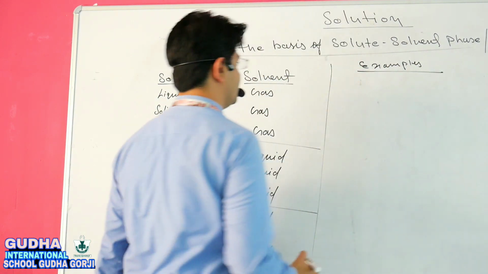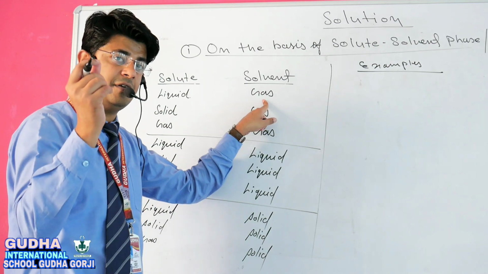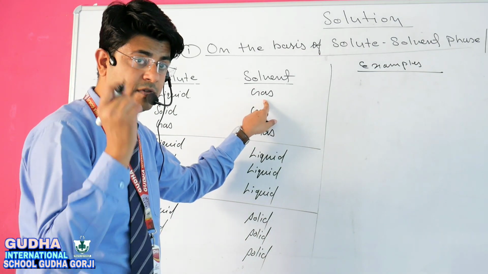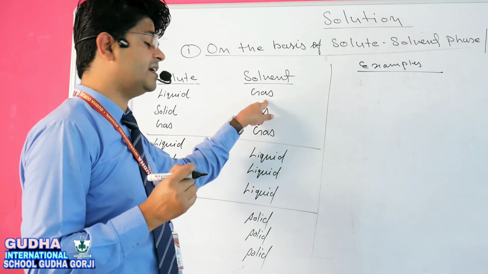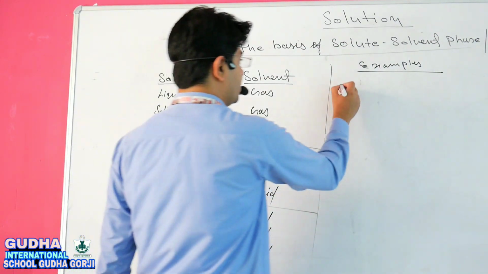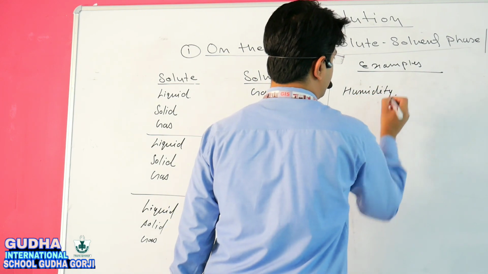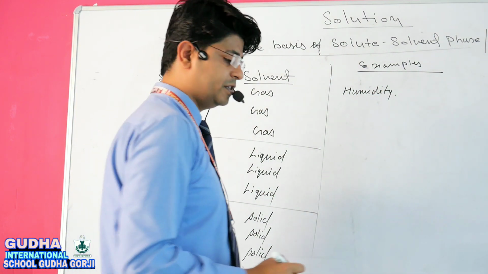Examples of such type of solution: water droplets, tiny water droplets present in the air in the form of humidity. Or you can say the clouds.